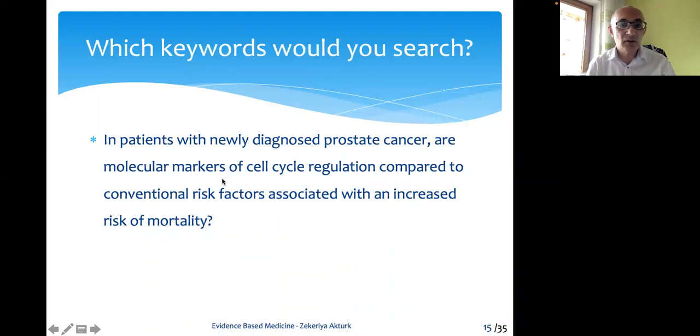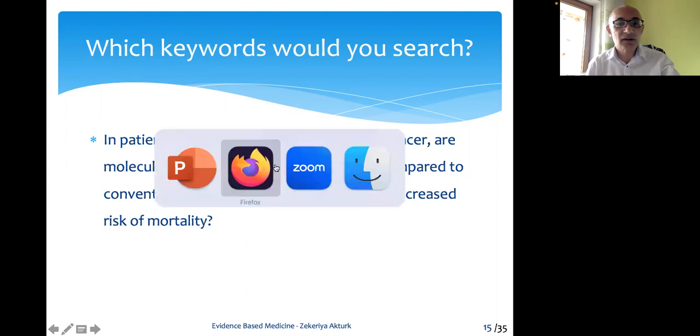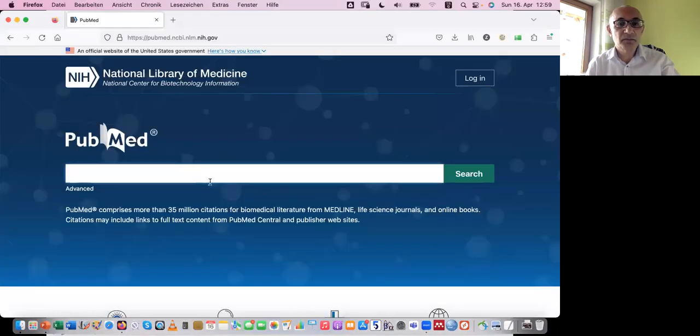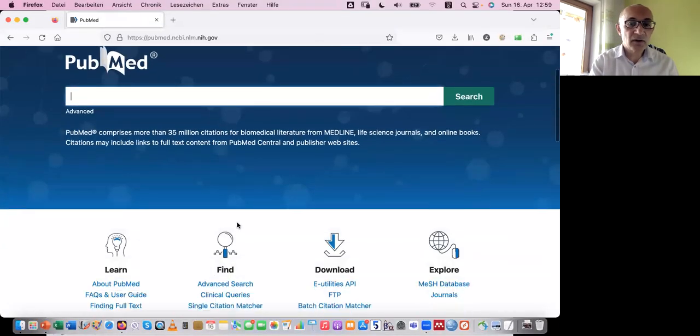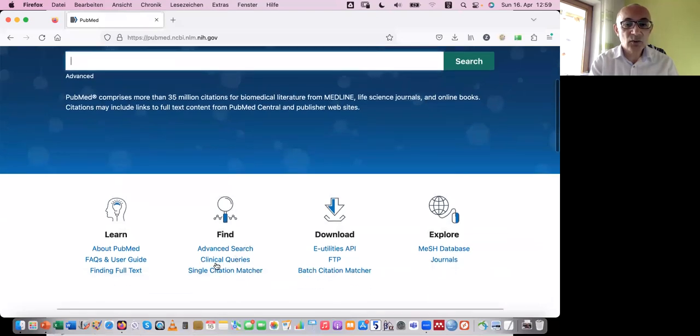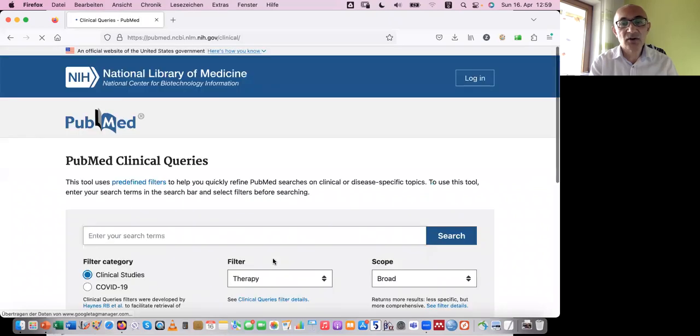It's about prostate cancer, so you would probably search prostate cancer, then molecular markers, risk factors, and mortality, isn't it? So prostate cancer, molecular markers, risk factors, and mortality. I would like to use the clinical queries search of PubMed.